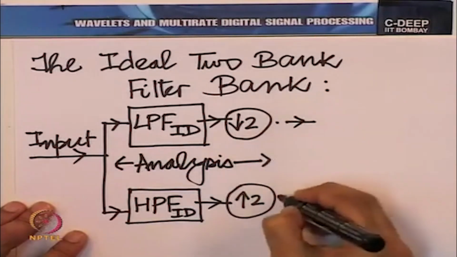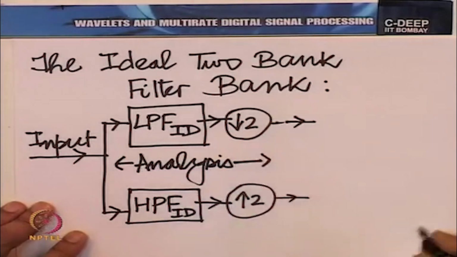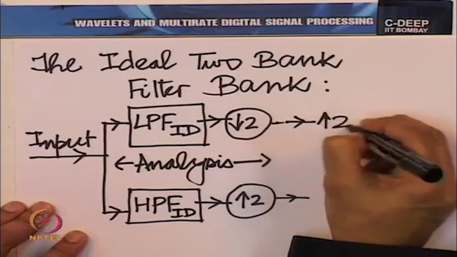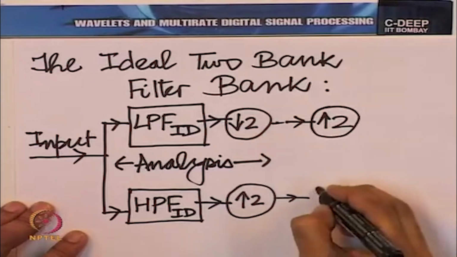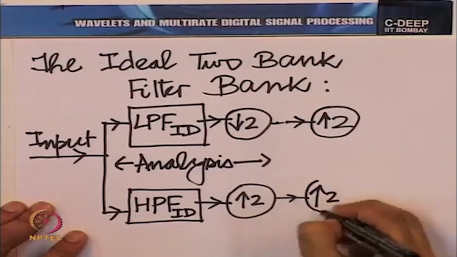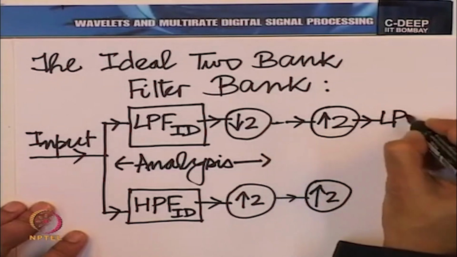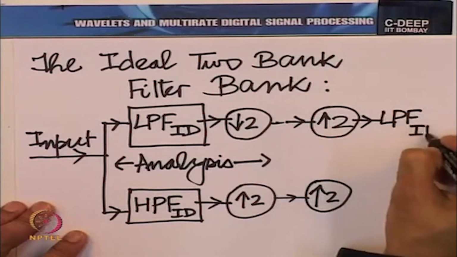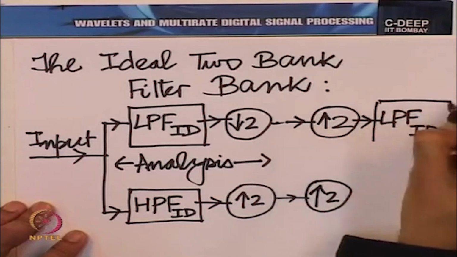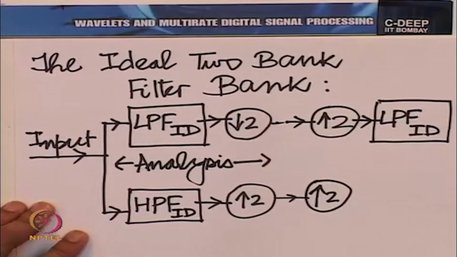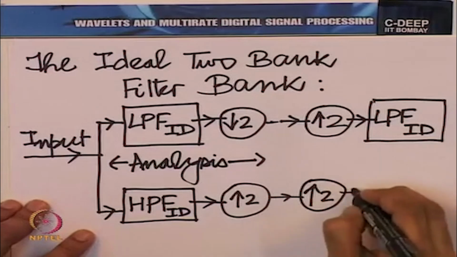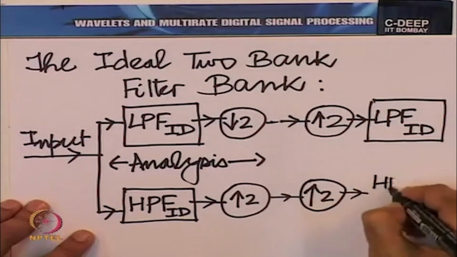followed by upsampled by 2, again low pass filter ideal here, high pass filter ideal here.